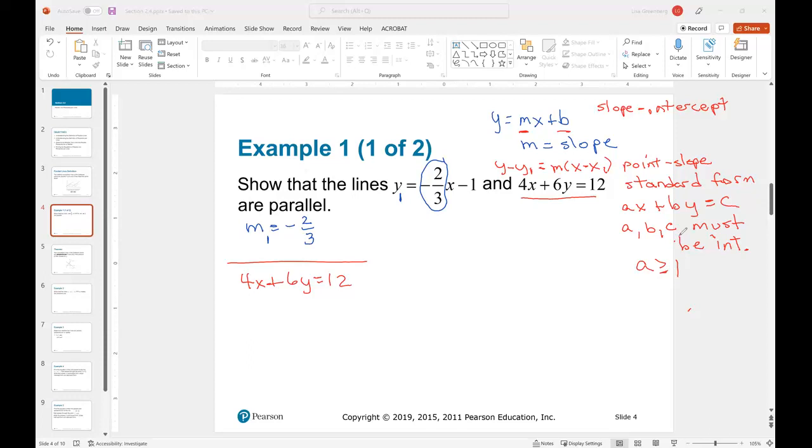So we have our equation in standard form, and it's hard to find the slope from this. So what I would do is first turn this into slope intercept, because it's pretty easy. I just want to solve for y. So I'm going to subtract 4x from both sides.